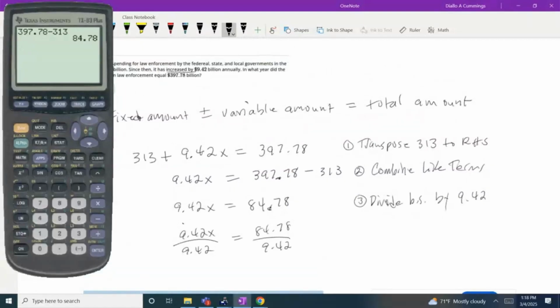And on the left-hand side, the 9.42 will cancel, which leaves x. And if we divide the right-hand side by 9.42, we get 9.